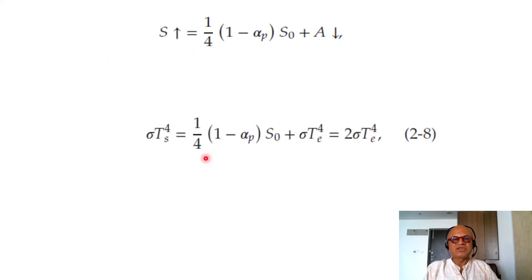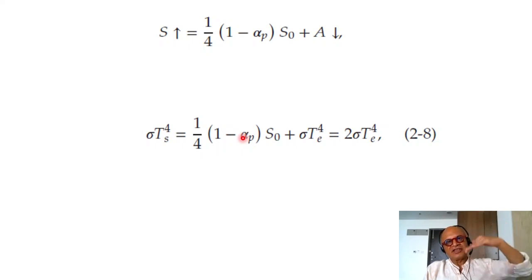Okay, so sigma Ts to the fourth, or the outgoing longwave from the surface, has to equal the total energy received by the surface, which is shortwave plus the longwave from the atmosphere. So sigma Ts to the fourth, which is the thermal energy, has to equal this, where A is again sigma Te to the fourth. So this is already sigma Te to the fourth by balancing the energy at the top.